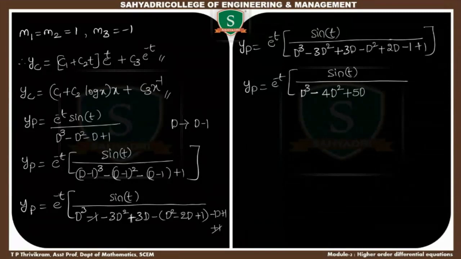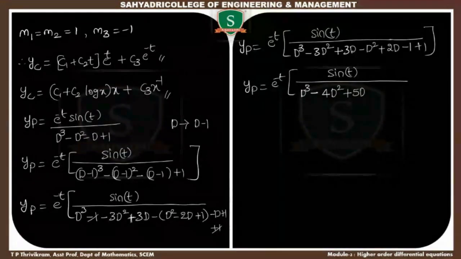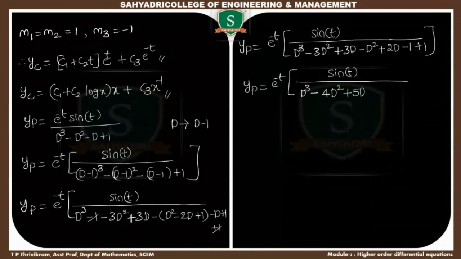Minus d is there, sir. Minus d, minus d cube minus 1 cube minus 3a square b, so 3d square, minus d term is this, okay.